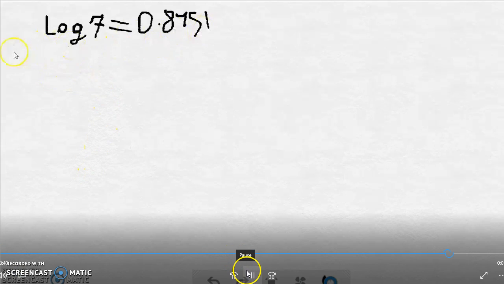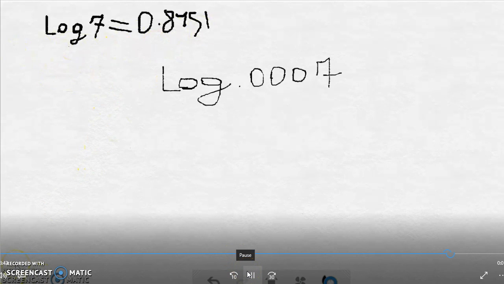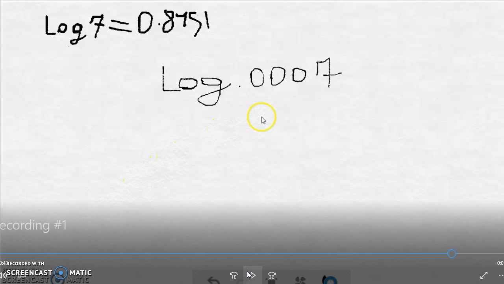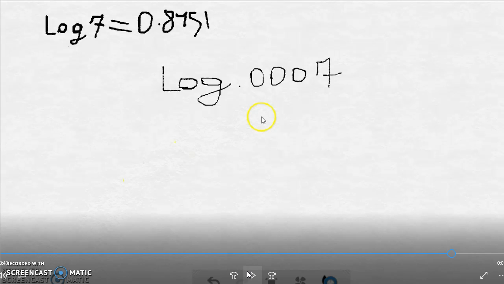Now, using this, I'm going to send you off on your own to solve this problem. Now, don't be discouraged. It's basically doing the same thing with applying scientific notation. So if you know anything about scientific notation, if the zeros are behind the decimal, then we know that we're going to have a negative exponent.